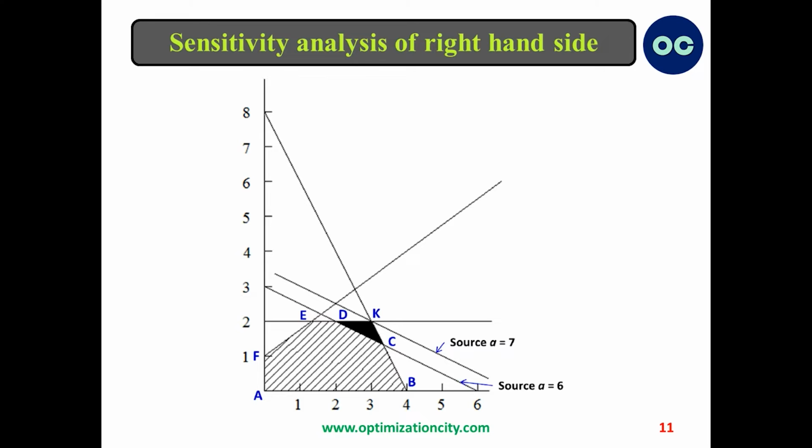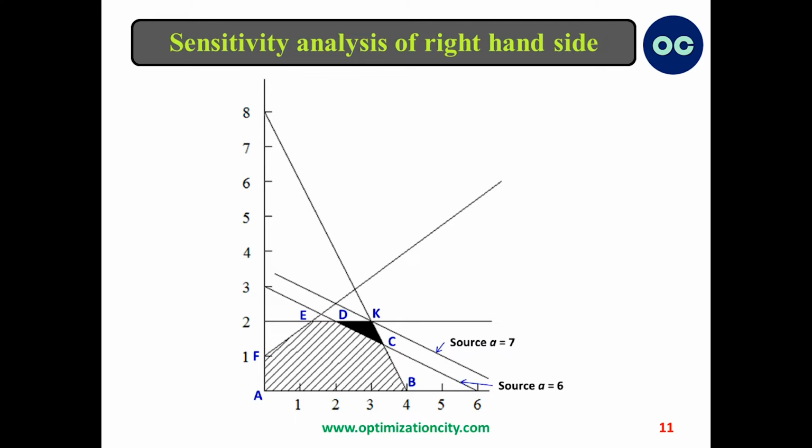As we increase the amount of resource A, constraint A, which is line CD, shifts upward in a parallel manner, causing triangle CDK to shrink. Here, the sides CK and DK of triangle DKC correspond to constraints 2 and 4.